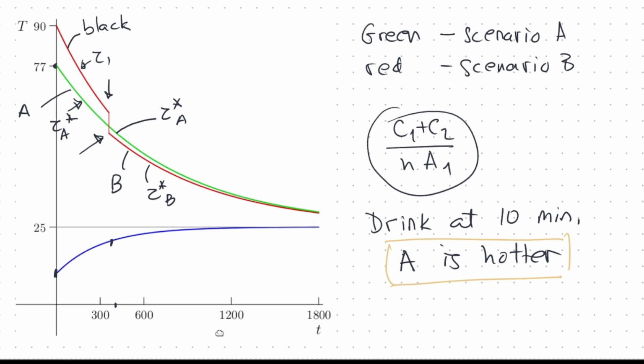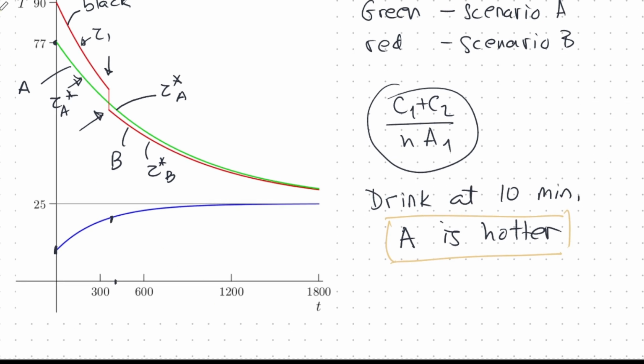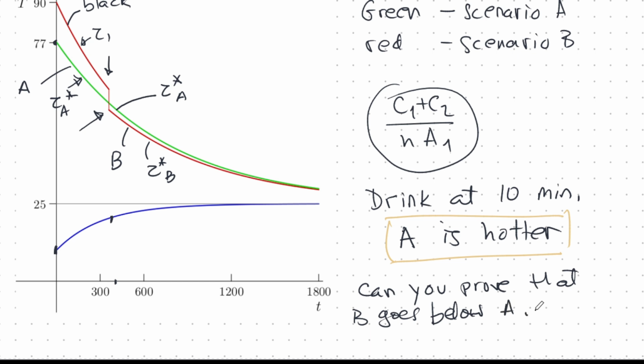Well, let me propose something to you. How do you know that this drop is going to bring you below the green line? That's my question to you. Can you prove that B goes below scenario A? Can you prove this for all parameters?